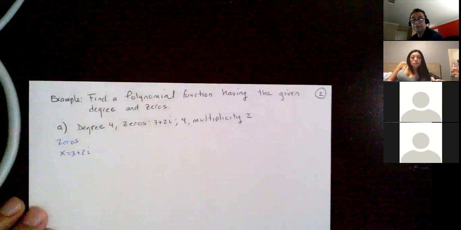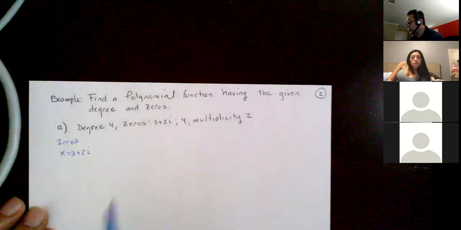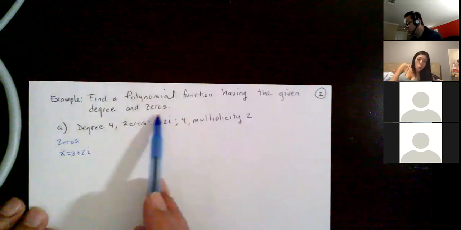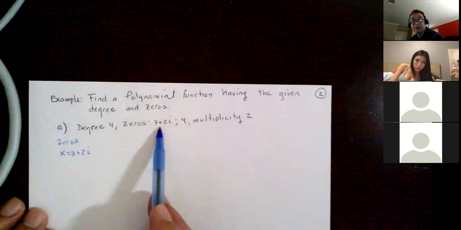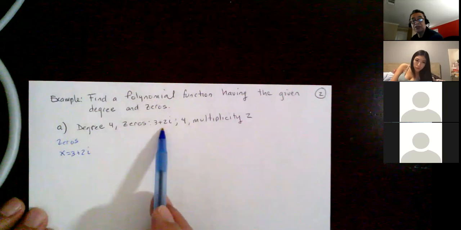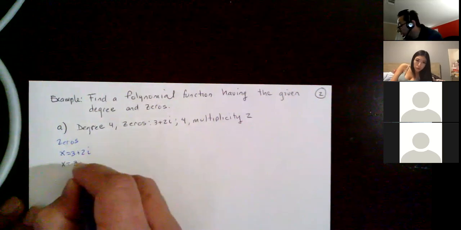But we said that if they have a complex zero, it also has the conjugate of this complex zero. So what is the conjugate of 3 plus 2i? That would be 3 minus 2i. So that would be x equals 3 minus 2i.